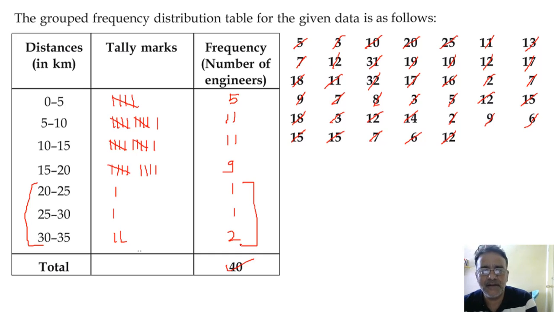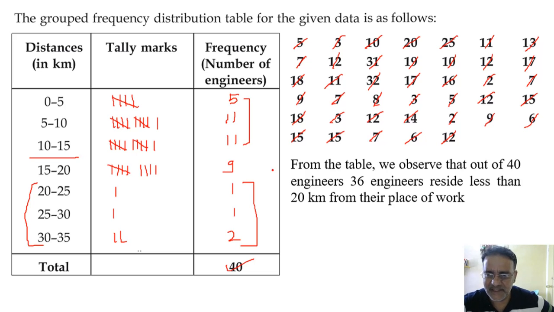In this way, you can write your observation. Or in another way, if you total these 3, how much do you get? 27? Yes. So 27 is more than 50%. So more than 50% of the engineers are staying less than 15 kilometers from their place of work.